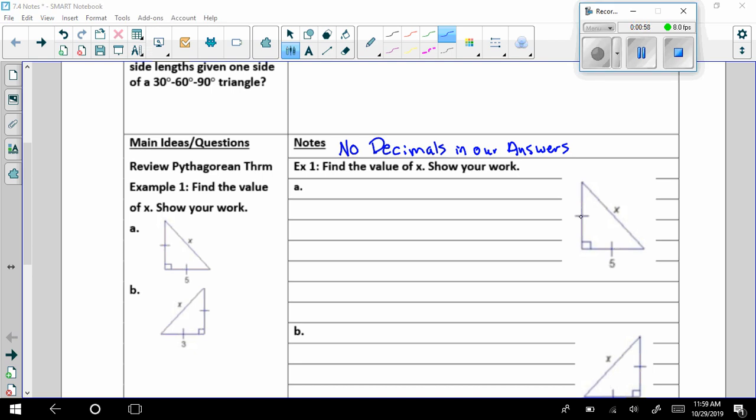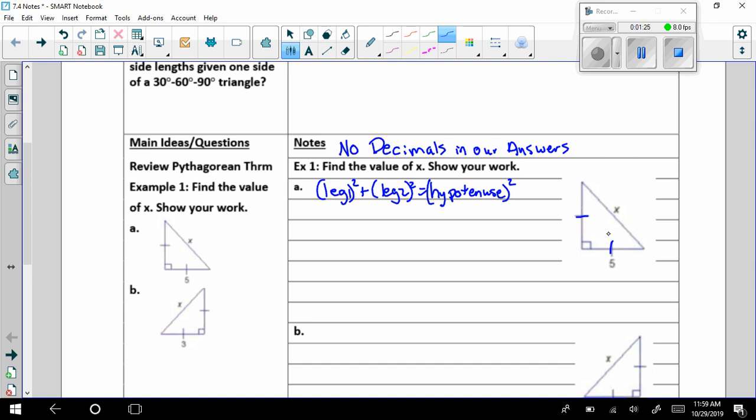Okay, so quick review. We have two legs and a hypotenuse, so we can find a missing side by taking our leg length squared, so we'll call that leg 1, plus the second leg squared is equal to the hypotenuse squared.